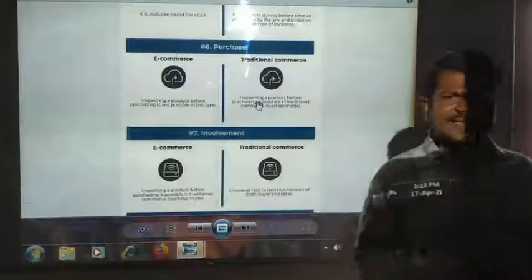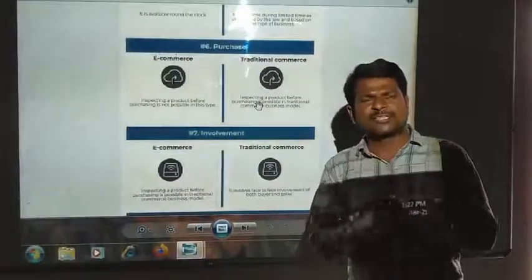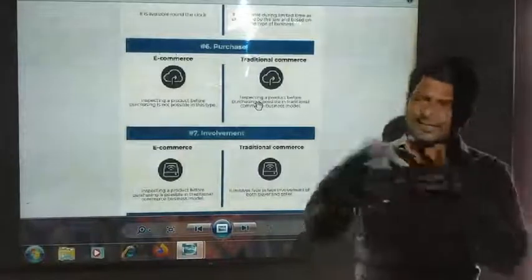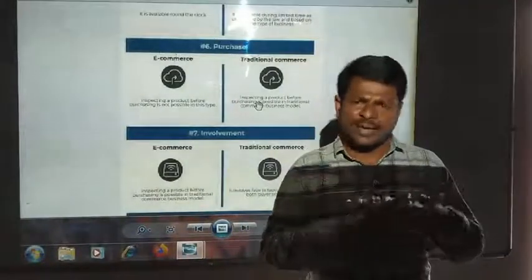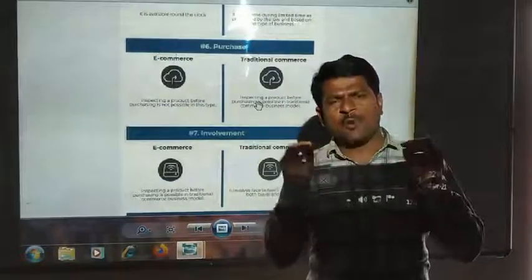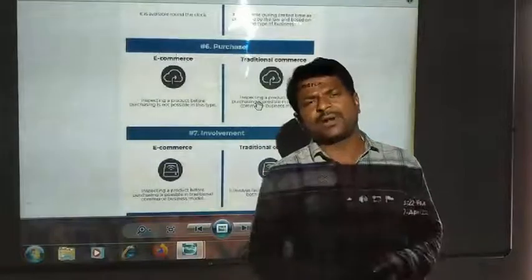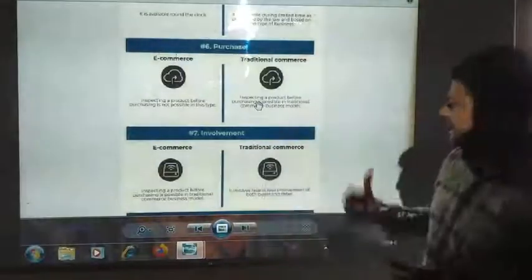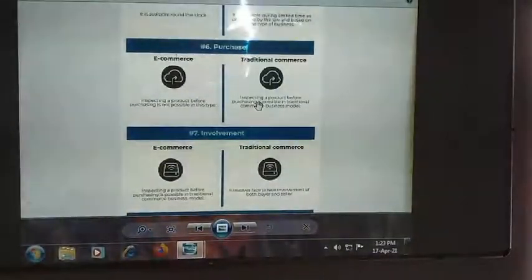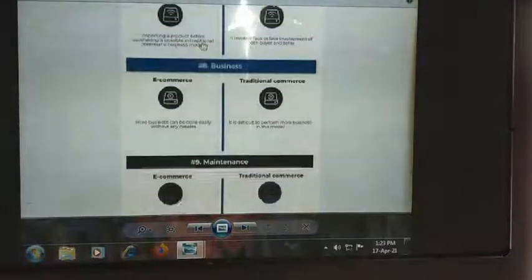Whereas in a traditional way, he has to see the product, he has to compare with other shops, and before the final buy, however many kinds of tests he wants to do on the product, he can do in traditional commerce. If we see the next difference, this is business.